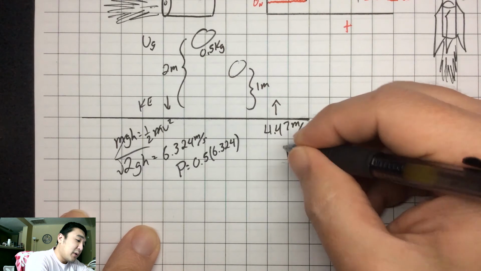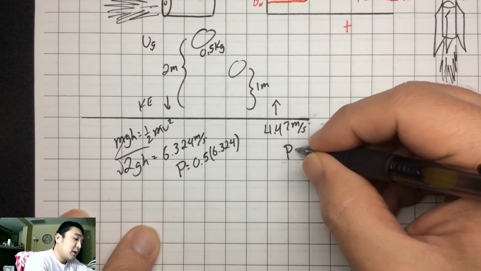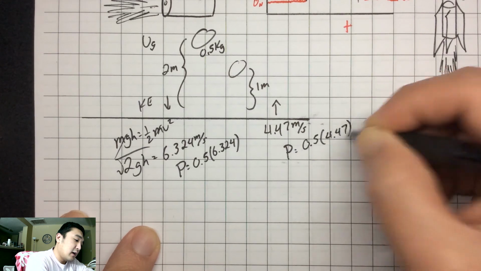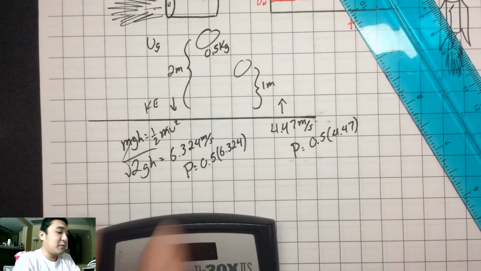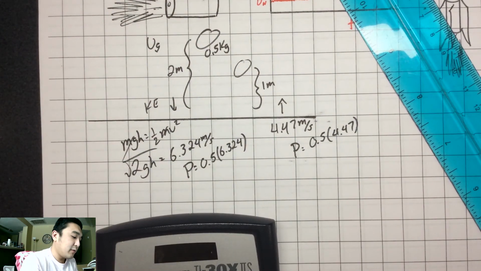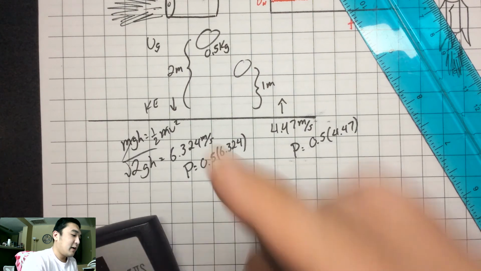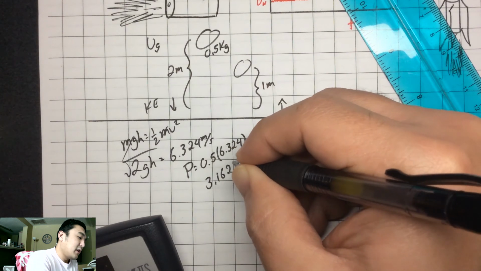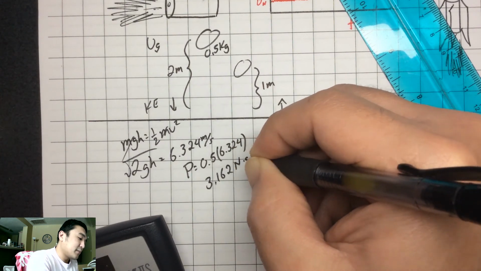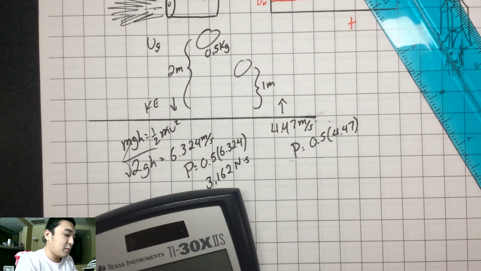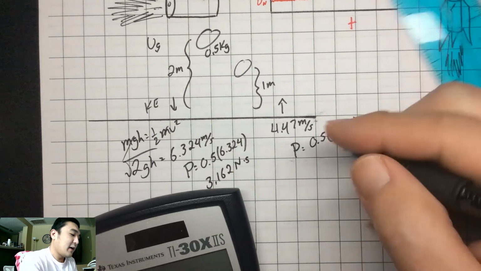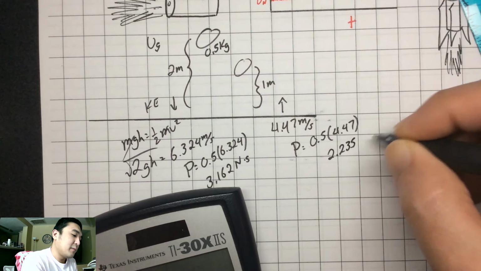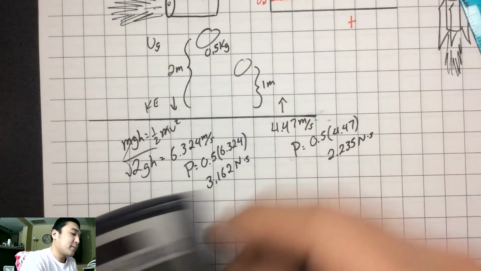And you had a momentum going out, which was the mass times the velocity of the ball. And so we have 6.324, cut it in half, and we have a momentum incoming of 3.162 Newton seconds. And then you'd have a 4.47, cut it in half, and you'd have a 2.235 momentum of Newton seconds.